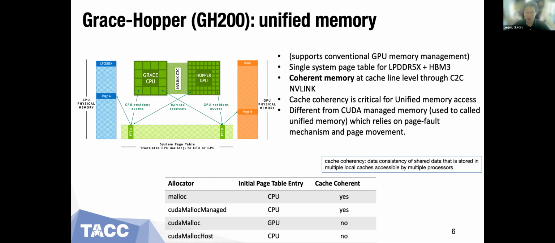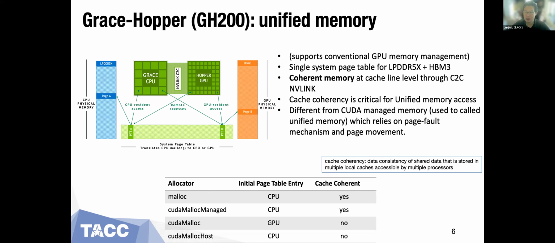NVIDIA used to have another thing labeled as unified memory back in 2016. That thing is now called CUDA managed memory. And that's very different from the unified memory we're talking about here today. CUDA managed memory works for every GPU, even the PCIe cards. But it's sort of a software-simulated unified memory.